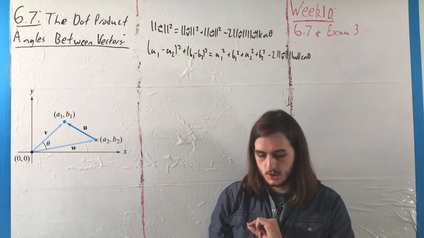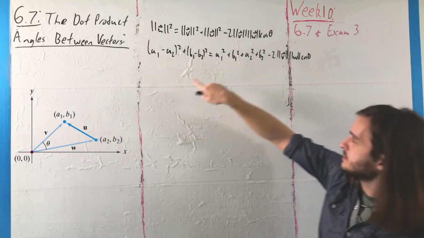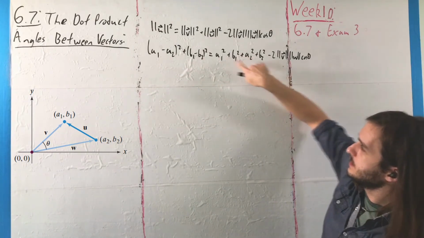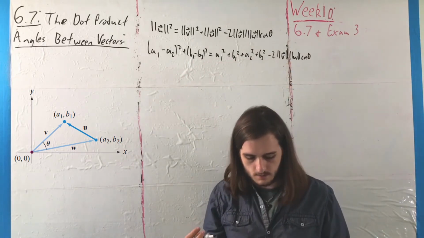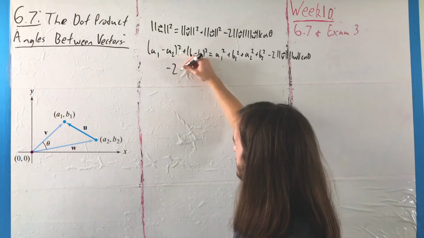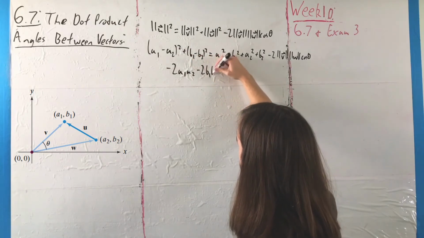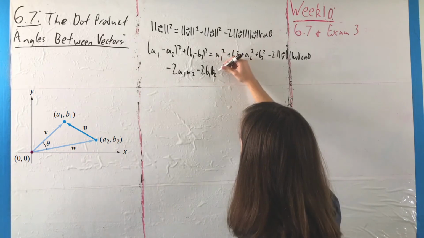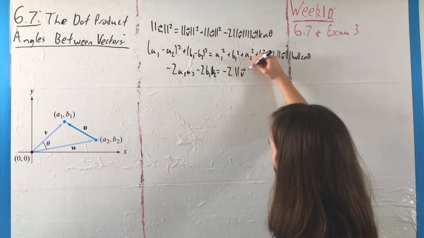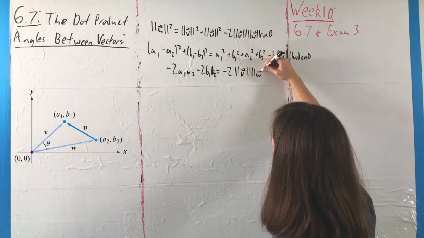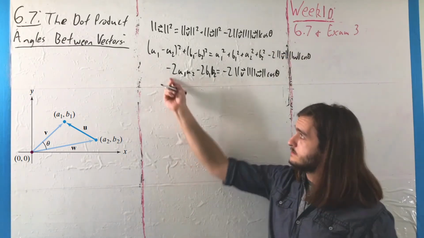But if we take those terms and then expand them, you should tell a1s will cancel, b1s will cancel, a2s will cancel, b2s will cancel, and we'll just be left with those doubled type of terms, where what we'll have is minus 2 a1 a2 minus 2 b1 b2, where that's going to be equal to minus 2 magnitude of v magnitude of w cosine of that angle that we're trying to deal with. And then from here, we've got minus 2, minus 2.